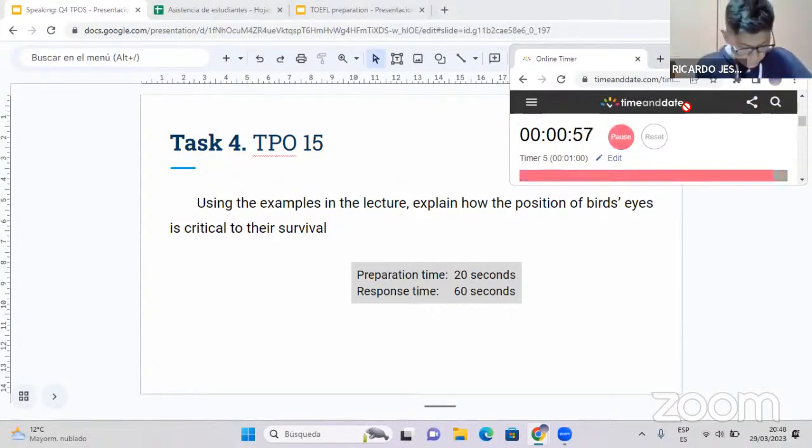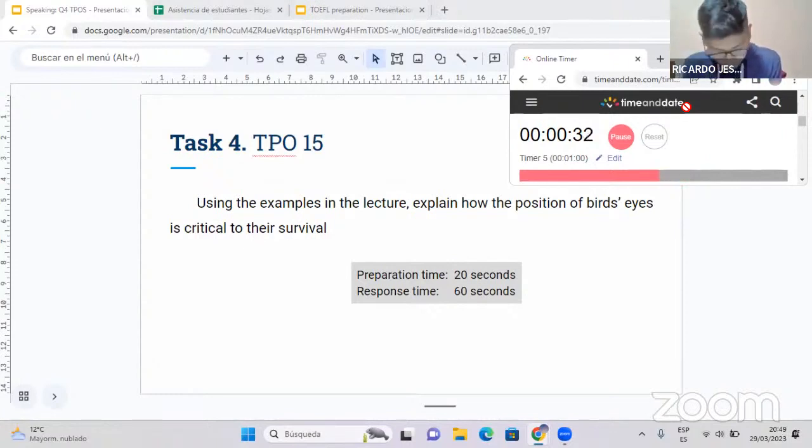The lecture discusses that birds' vision in the animal realm is relevant for their survival. First, the professor explains that because of the position of the eyes in the skull, hawks are able to eat animals. For example, they can catch a mouse.